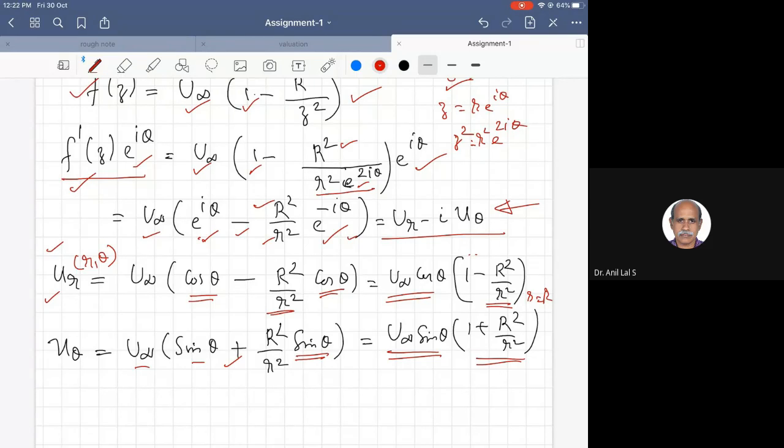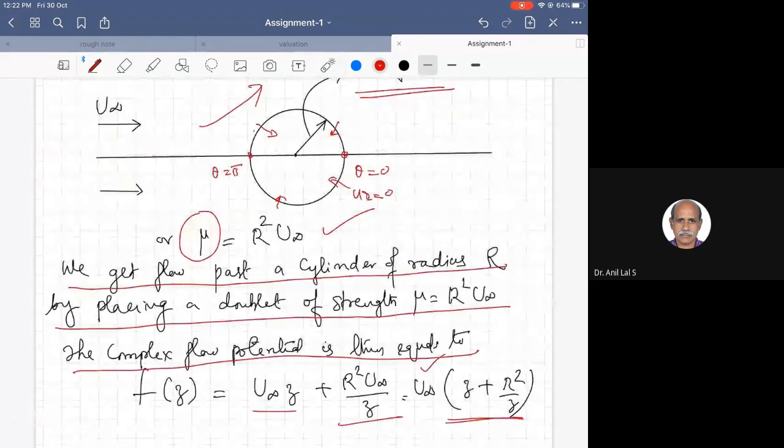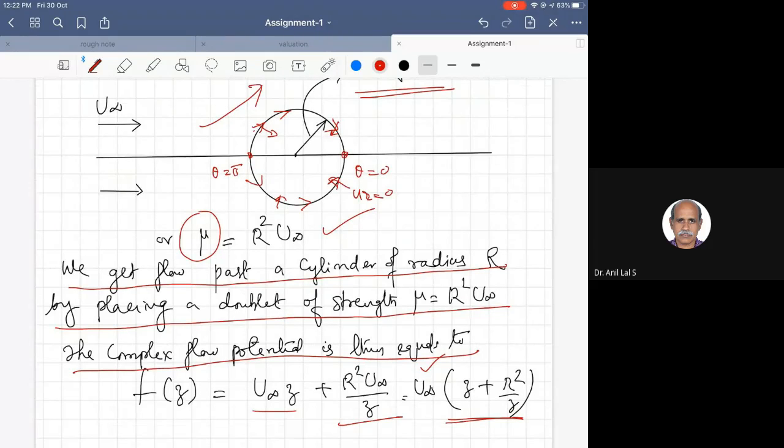So there will be some tangential motion of fluid particle like this. The fluid particle will be moving over the surface of the cylinder, tangent to the cylinder.